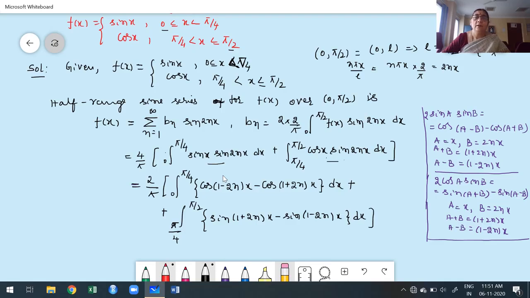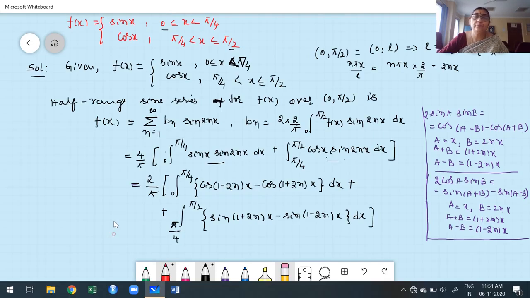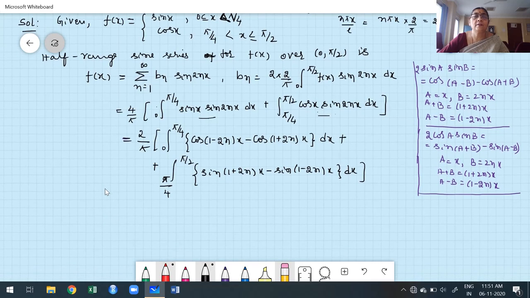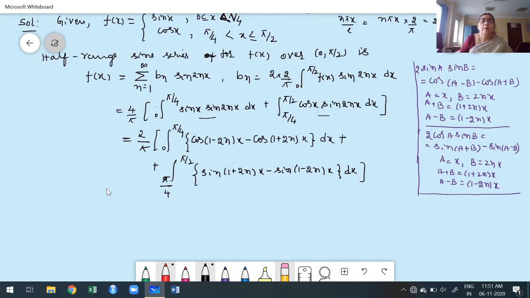In the next step, I have to integrate. You know how to integrate cos and sin. While doing integration, I'll keep 2 by pi as a constant.